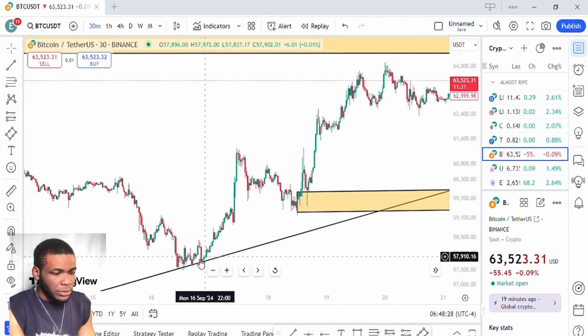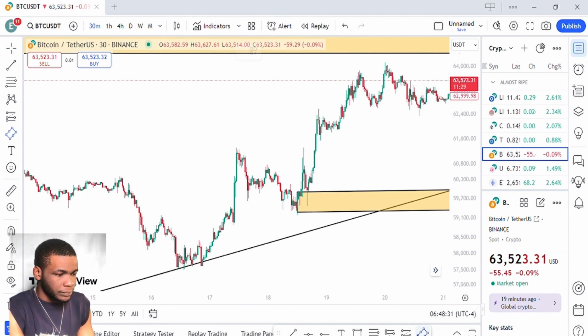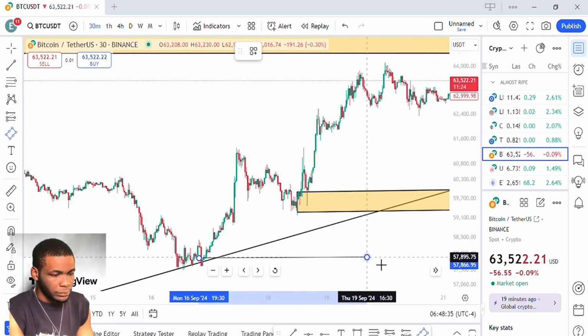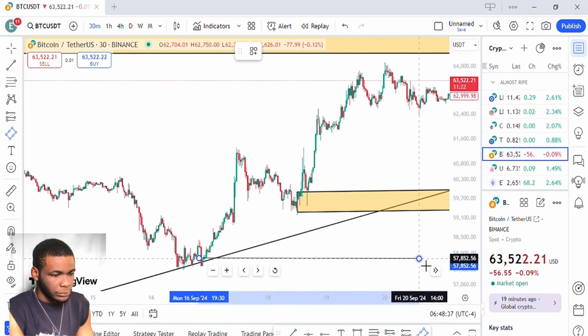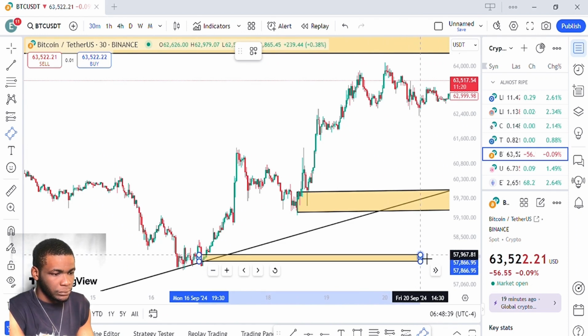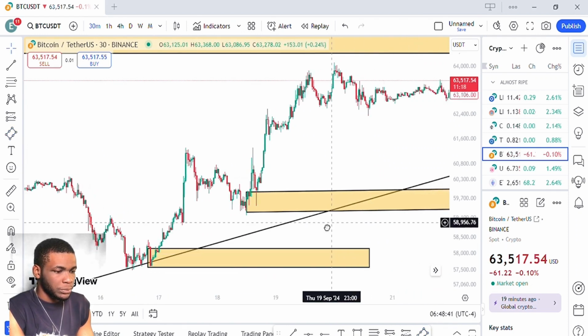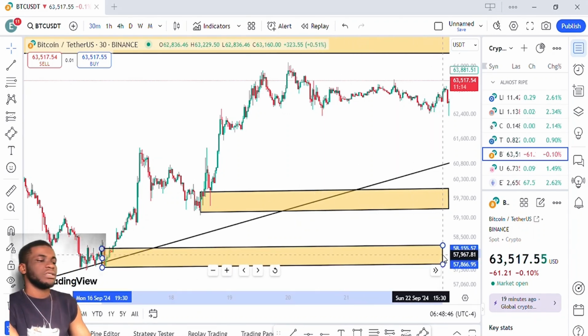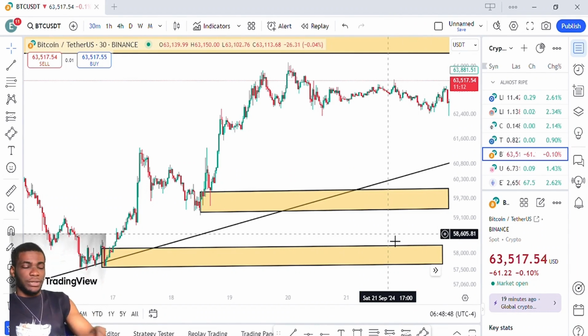This point here is another order block. I can pull this a bit closer to this. Okay, let me just leave it at this, but you get the idea. Both of these are order blocks.